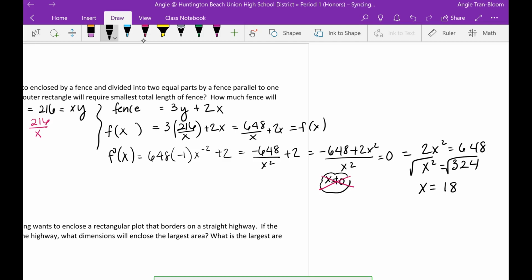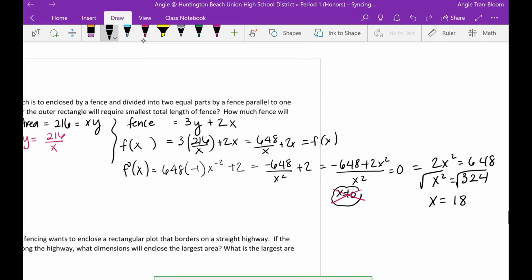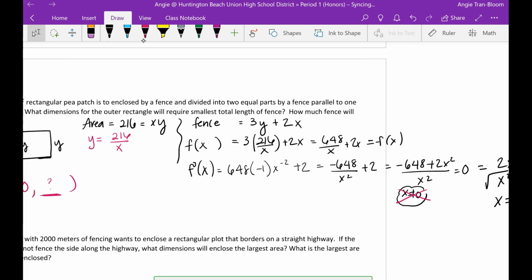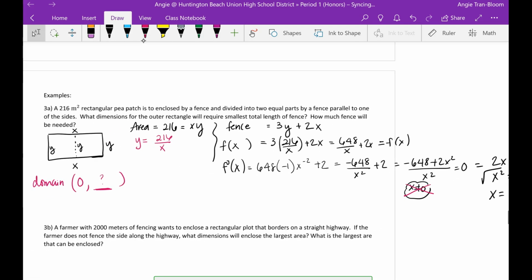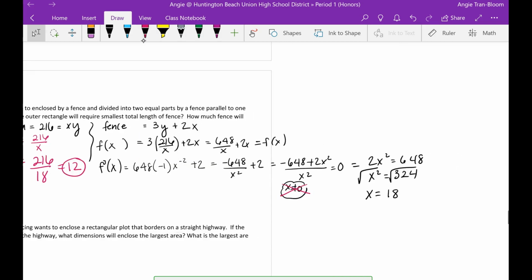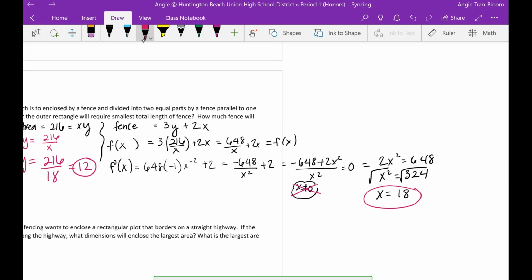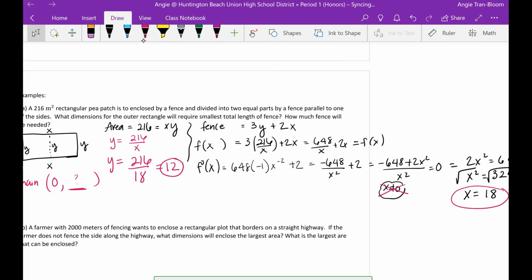Okay, let's go back and plug it in. I need to find y, right? Y is 216 divided by 18, which is, someone give it to me, 12. Thank you so much. Okay, so I got my dimensions, but then I also need what? How much fencing?